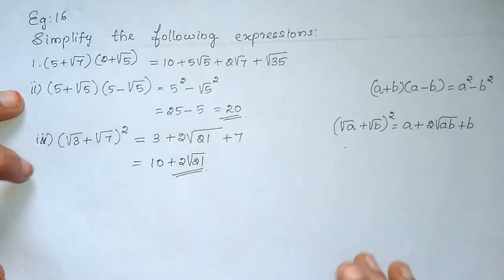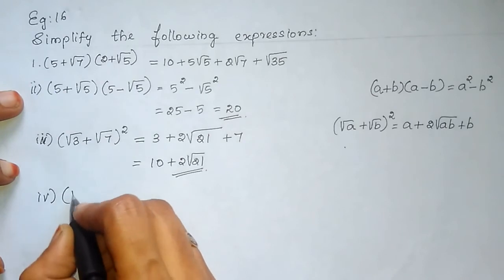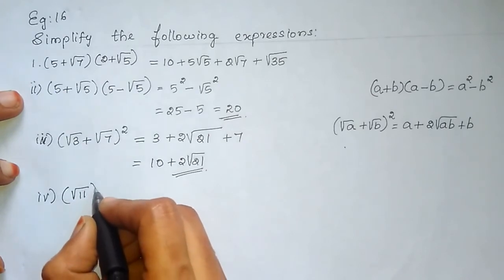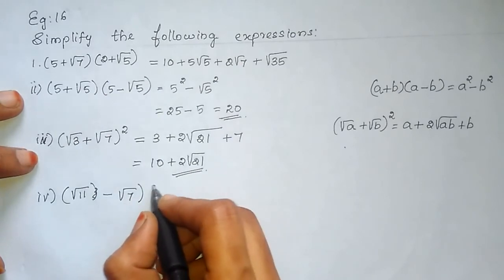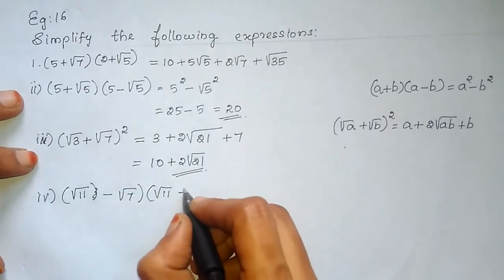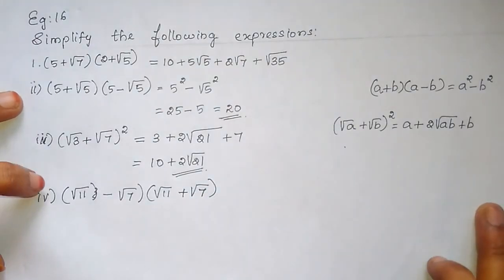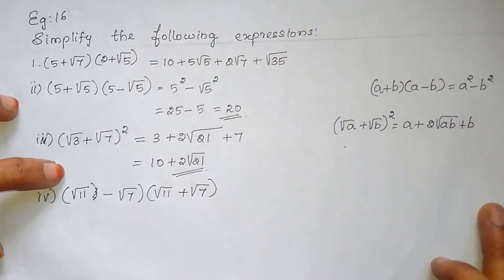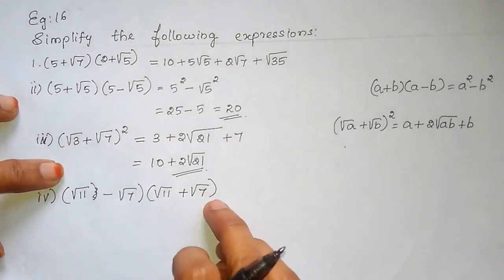This is the answer. Now the last one, that is fourth one, root 11 minus root 7 into root 11 plus root 7. So this one is also in the formula a minus b into a plus b.